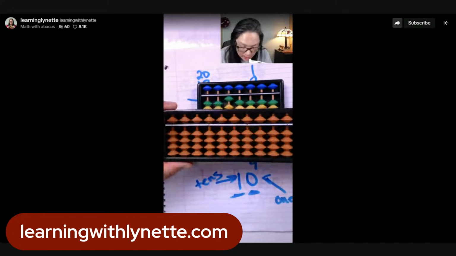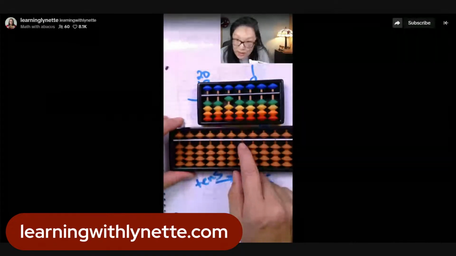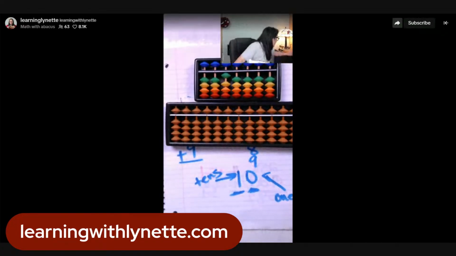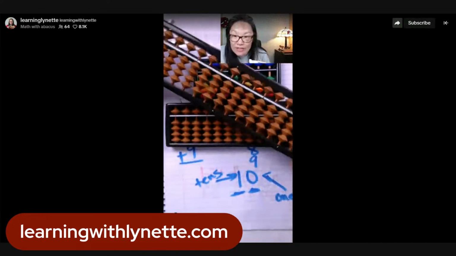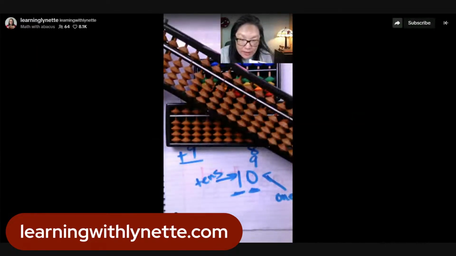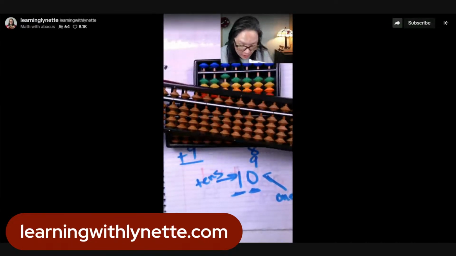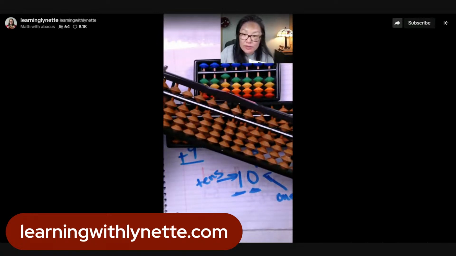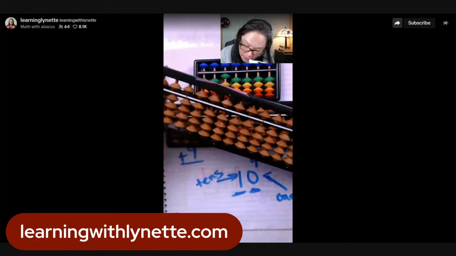Or if you really wanted to track the national debt, we have this one, a 23 column abacus. It works exactly the same, it's just 23 columns. This one is made out of bamboo and has been with me for 20 years. These ones are made out of plastic, and this is what I'm selling in my shop.